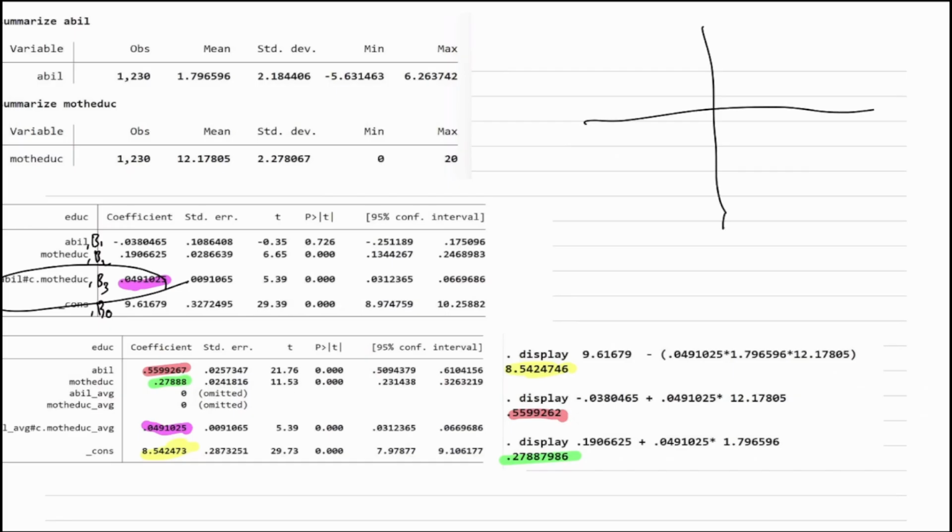with our function x squared, we don't have constant slope. So what we are gonna say is we want to see their effect if we are at the average point, of someone with average ability and average mother education, and how much an increase in ability by 1 unit will increase his or her education.